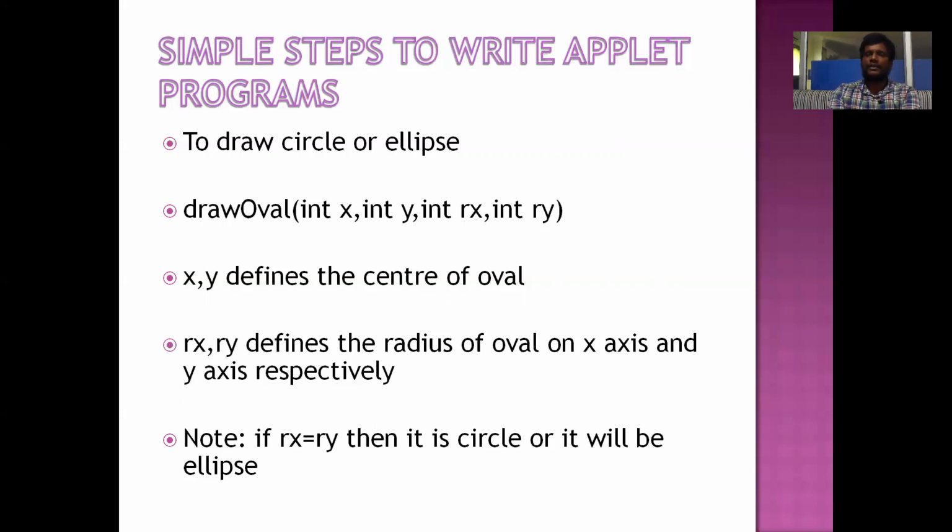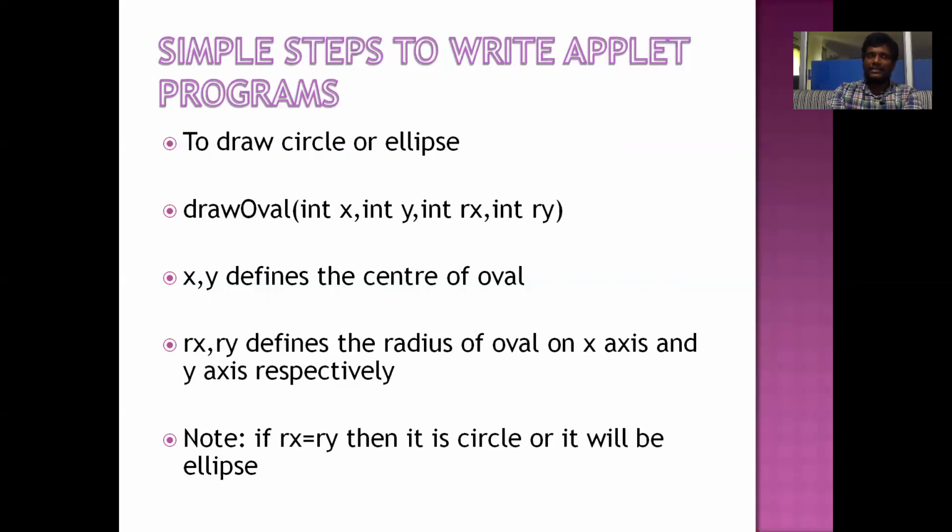Similar to the rectangle, where the drawRect method displays a square if height and width are the same and a rectangle if they are different, if the radius on the x-axis and the radius on the y-axis are the same, the drawOval method will display a circle.